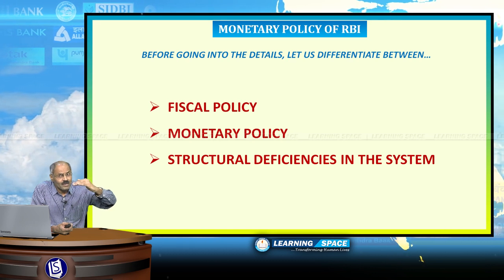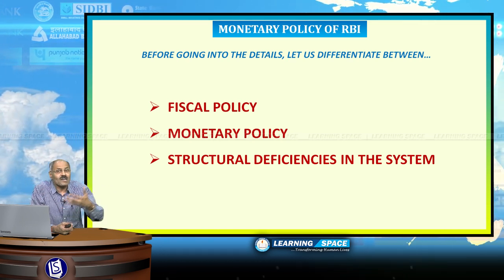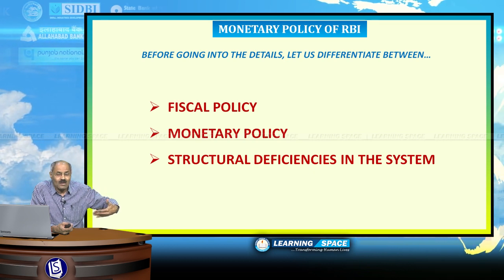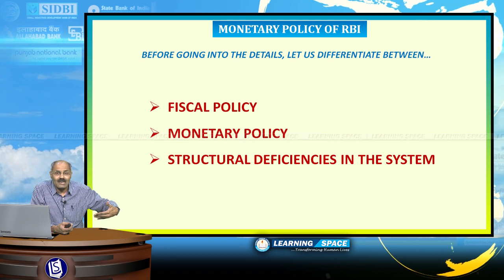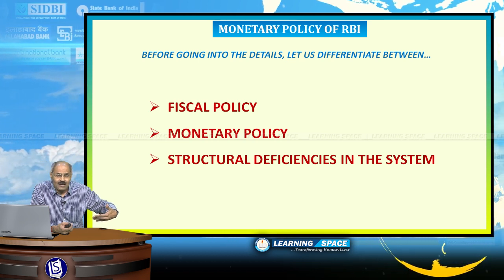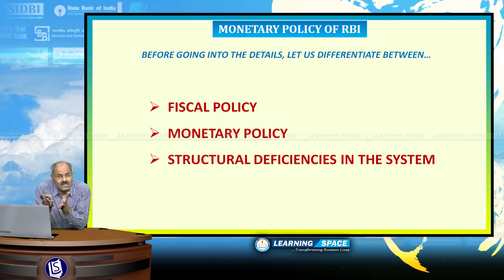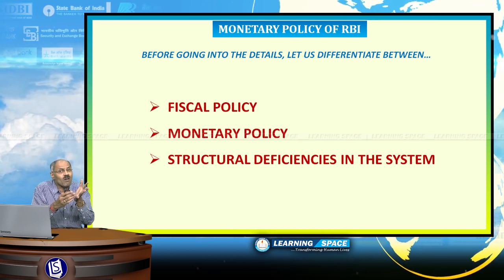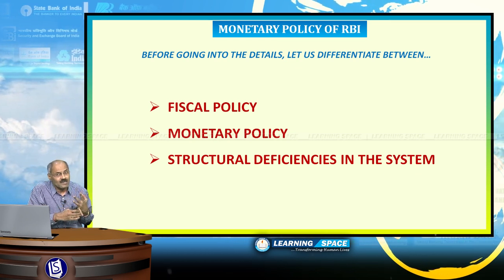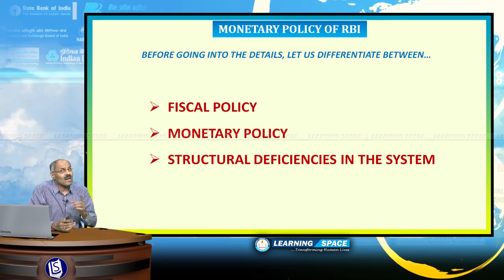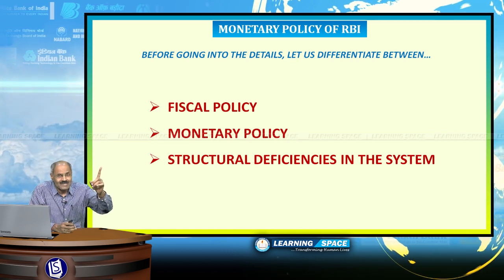And if you look at the monetary policy, the circulation of money in the system, structural deficiencies in the system, that means there should not be infrastructural bottlenecks, and this is another reason why the countries are not growing. So for a country like India, these three are very important. One is fiscal policy, second one is monetary policy, third one is structural deficiencies in the system. Countries like India cannot grow if any one of them is missing.